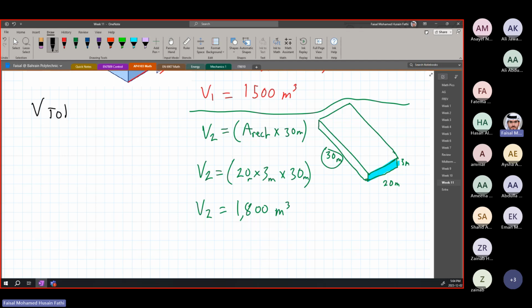V total is equal to V1 plus V2. Easy, very easy. So V total is going to be equal to 1,500 plus 1,800 meters cubed.